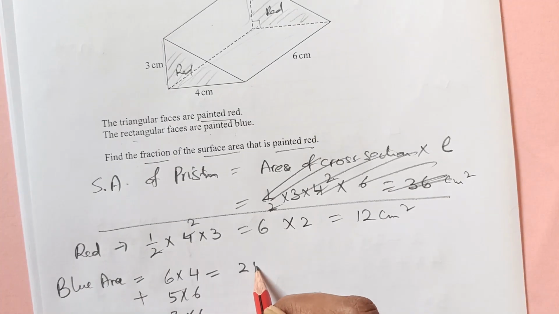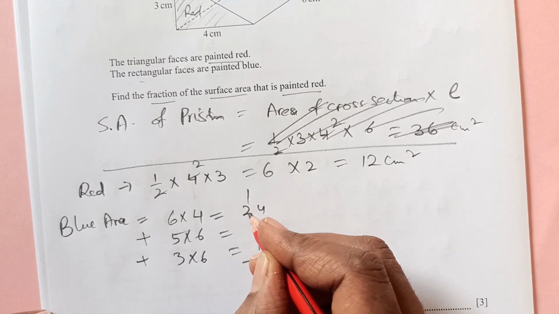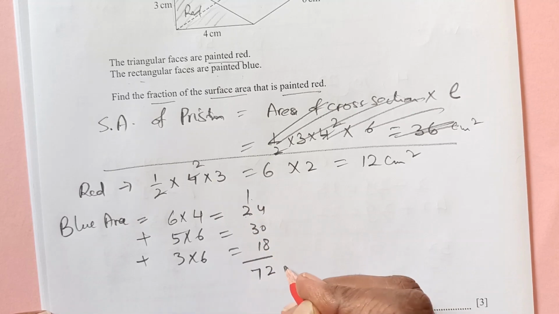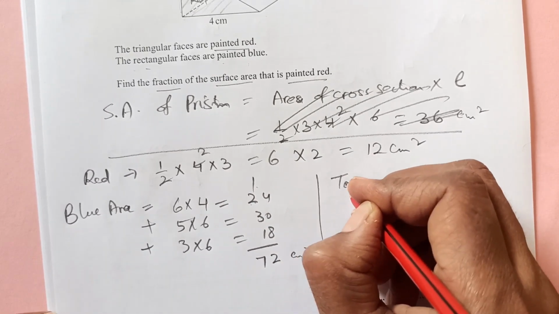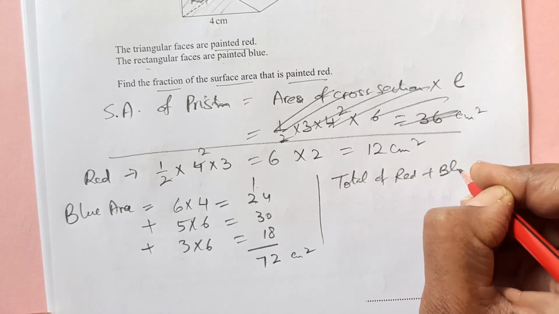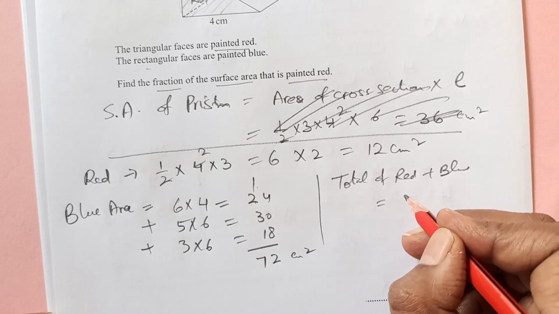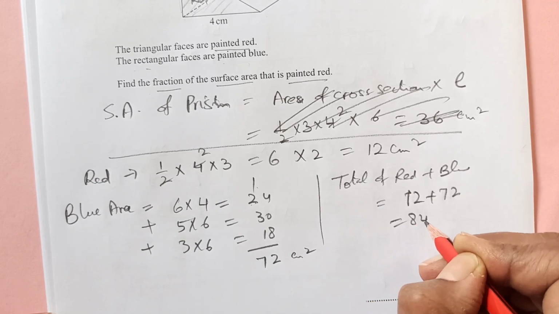So this is 24, this is 30 and this is 18. So if you add, 72 centimeters square. So total of red plus blue is 12 plus 72, that is 84 centimeters square.